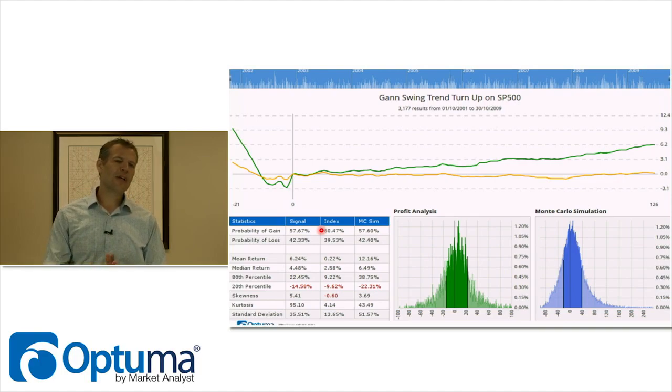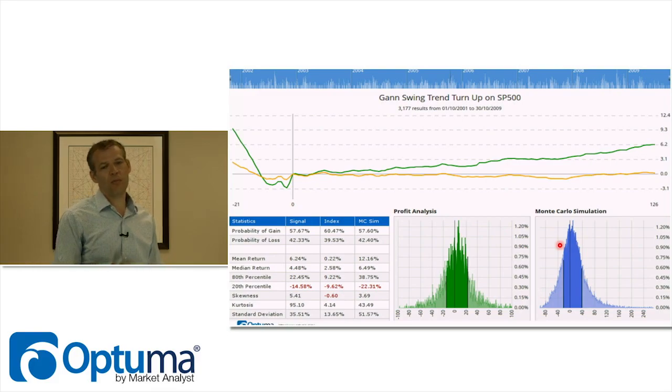The Monte Carlo here is not as impressive, because whenever I do Monte Carlo, I like to try and get to one year, so I can use Monte Carlo as a proxy for annualized returns. So I'm only taking two signals, randomly picking two out of the 3,000 signals, compounding those returns, but doing that 20,000 times.